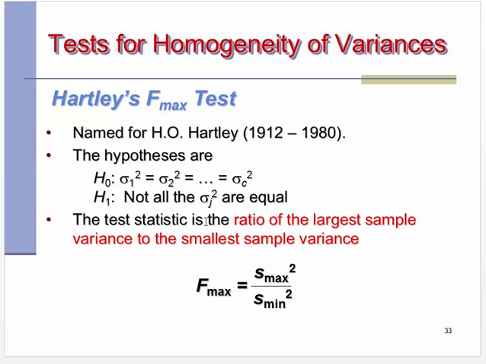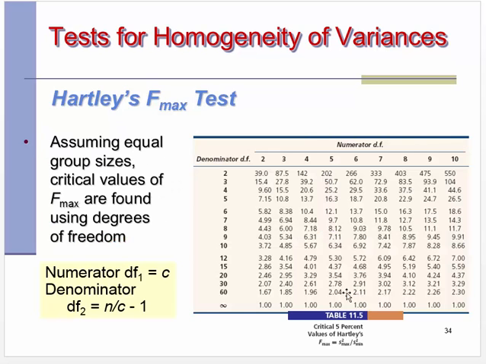The test statistic is the ratio of the largest sample variance to the smallest sample variance, the standard deviation squared, that's the variance. And Hartley's F table has the numerator degrees of freedom and the denominator degrees of freedom, and this shows the critical value at 5%.